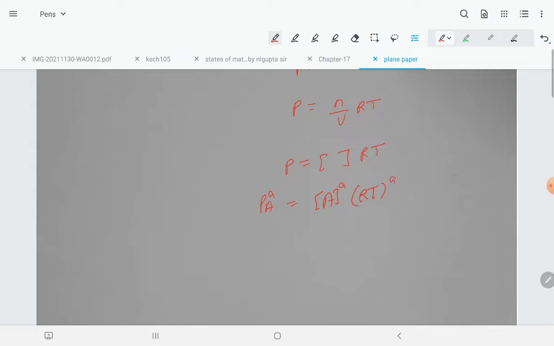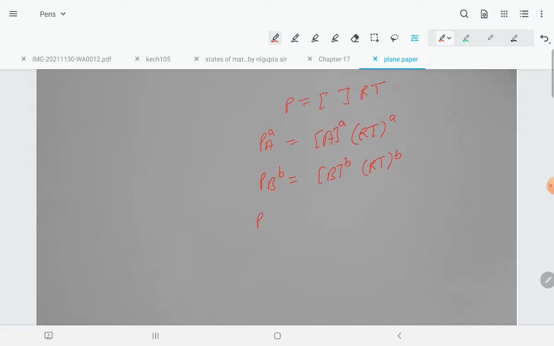Similarly, PB power b is [B] power b and RT power b. PC power c is [C] power c and RT power c, and PD is [D] power d and RT power d.